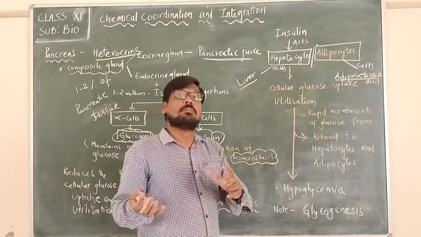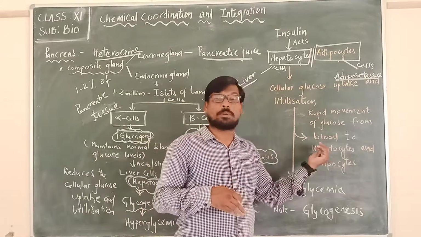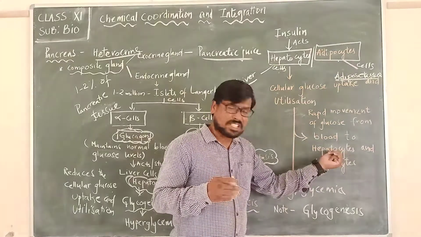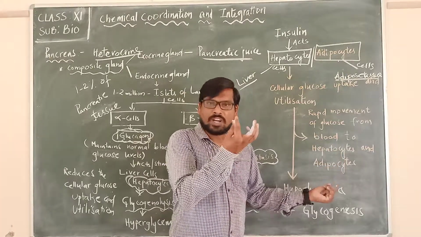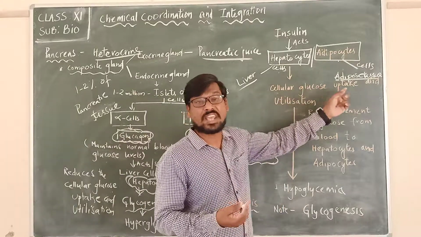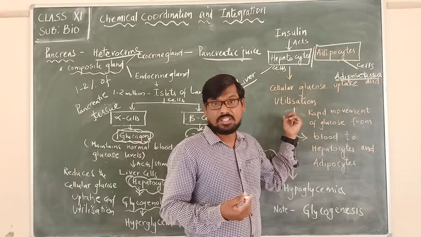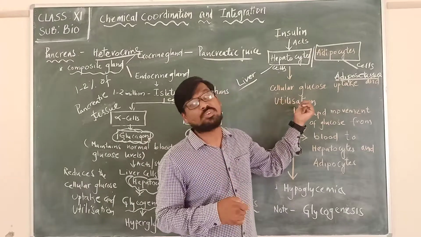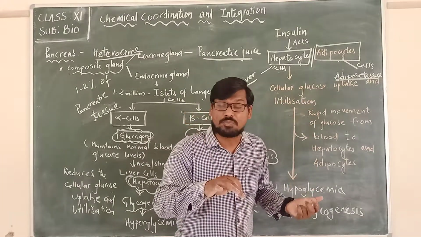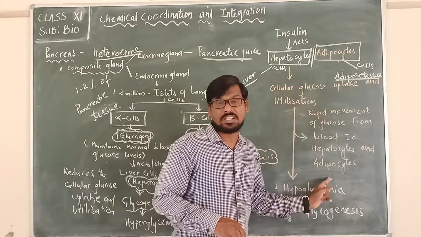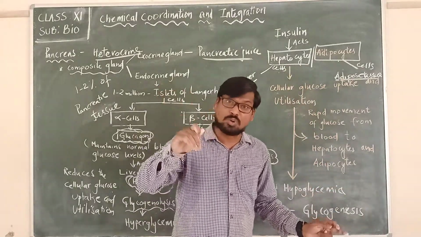Why is there movement of glucose into the hepatocytes, liver cells and adipose tissue? It's because from these hepatocytes and adipocytes the glucose is released and it is taken up by the cells. The cells are taking the glucose and utilizing it. So there is less glucose present in the hepatocytes and adipocytes, but more glucose in the blood.